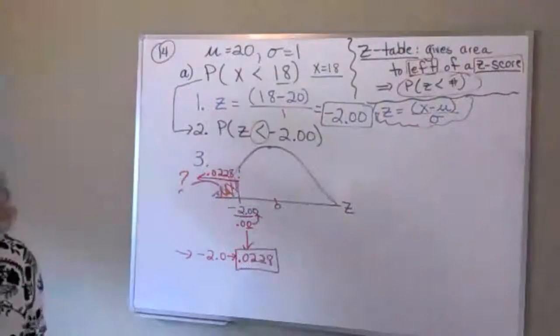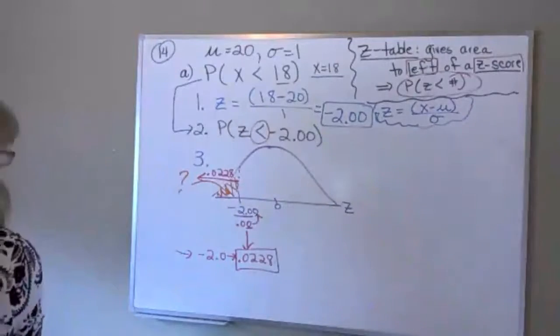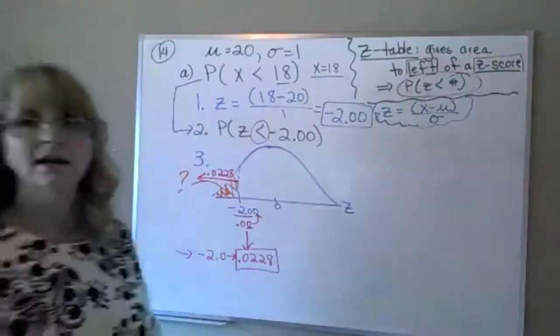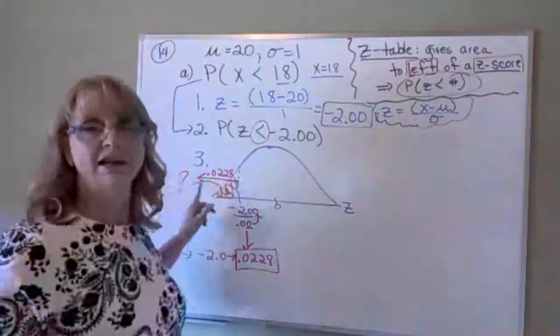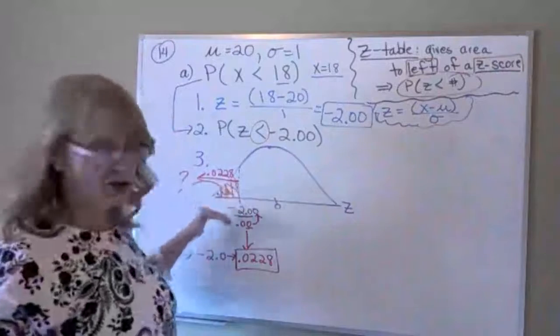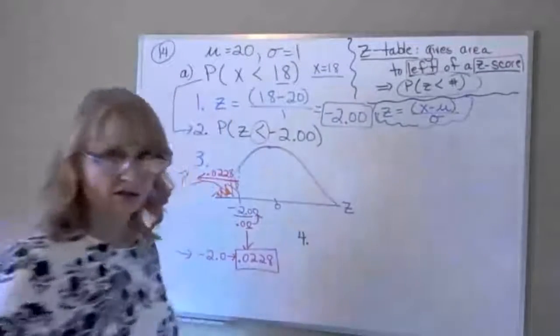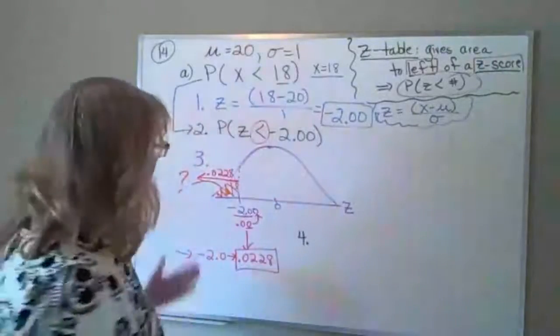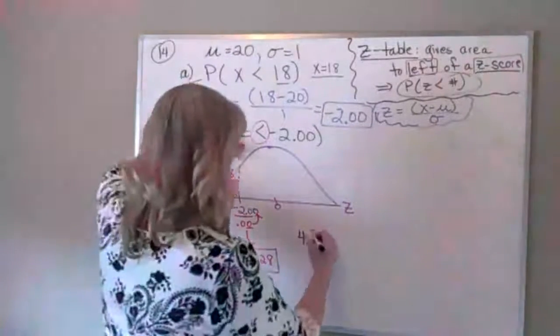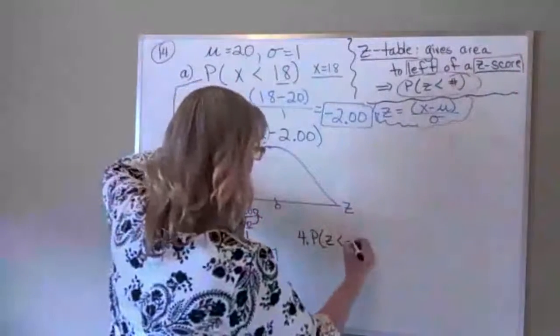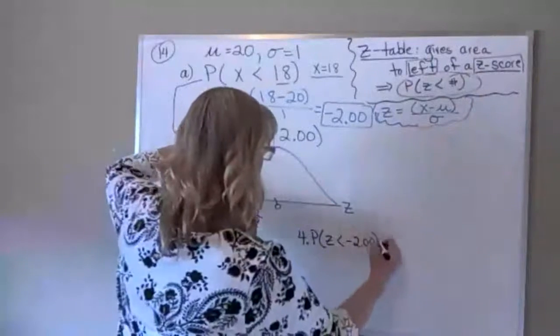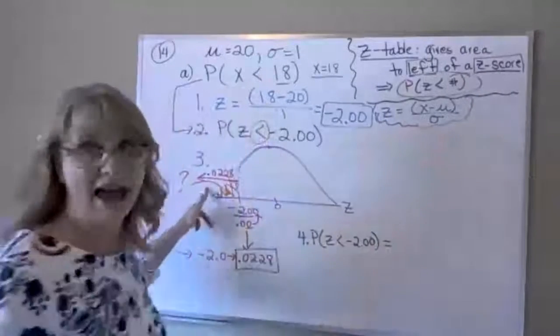Now, on this particular problem, since the area to the left is the same as the area we shaded for our step 4, our calculation, there's nothing to do. The area that we were looking for, the probability that z is less than negative 2, is that number.